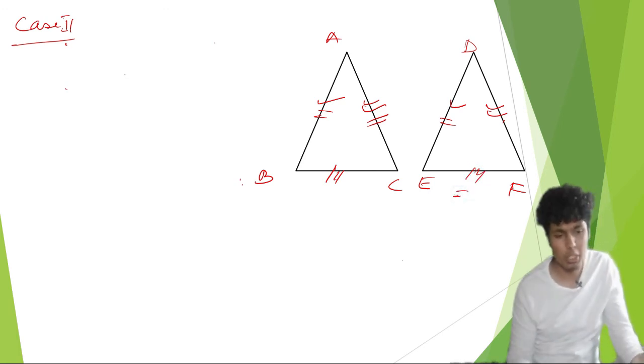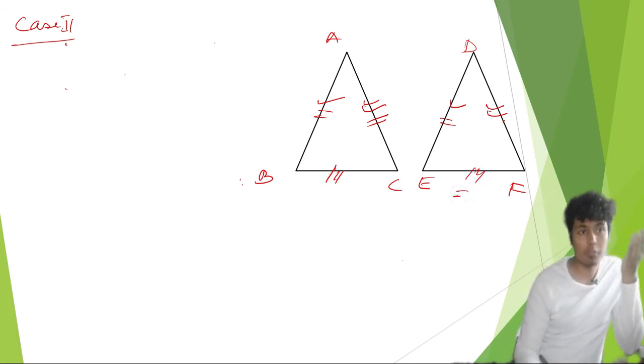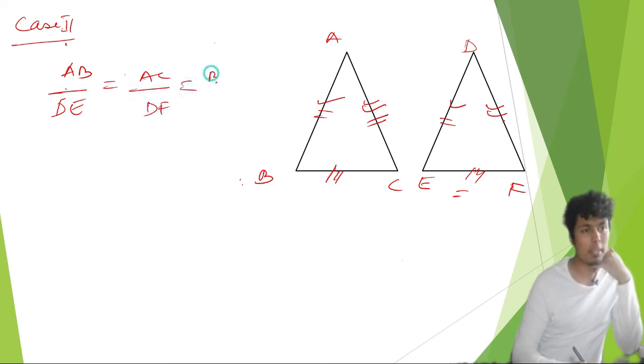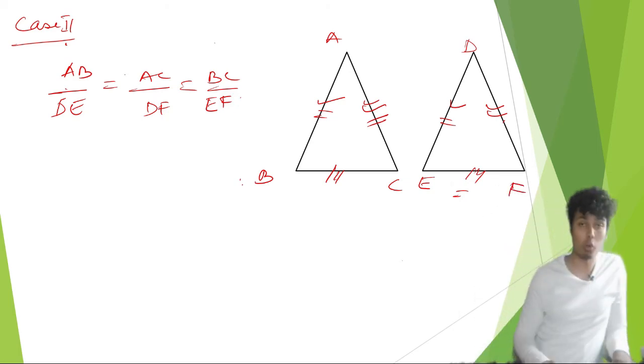These are equal, so we can directly conclude, this is quite simple, that AB by DE is equal to AC by DF is equal to BC by EF. If you don't understand, please let me know, because I'm just going thoroughly in front.